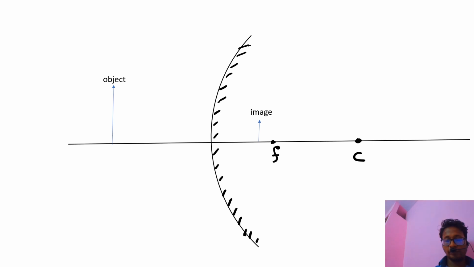The size of the object will remain constant, and as I shift this object towards the mirror, the image will also shift towards the mirror. But as the object of same size shifts towards the mirror, the image will get enlarged towards the pole.